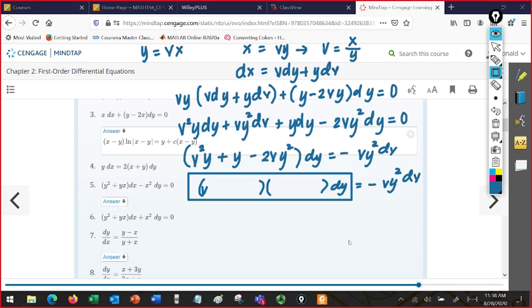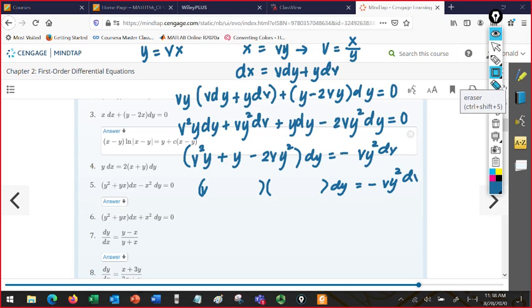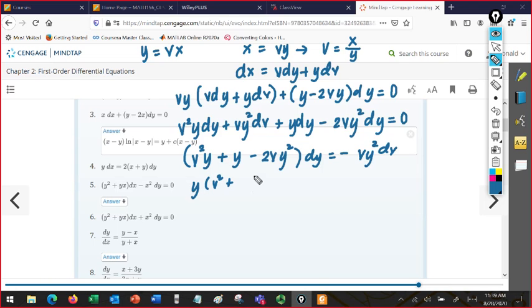Ano bang factors nito? O, review of factoring. So, common factor is y. And then rearranging the terms, minus 2vy plus 1.